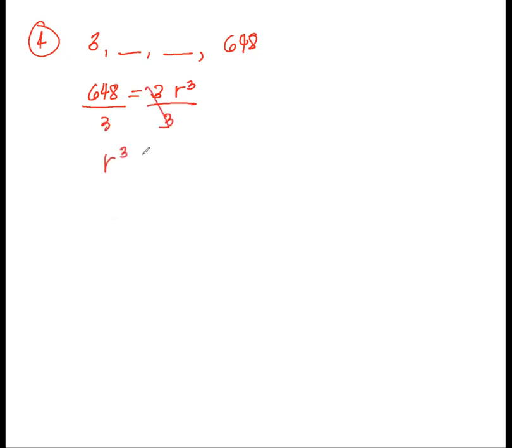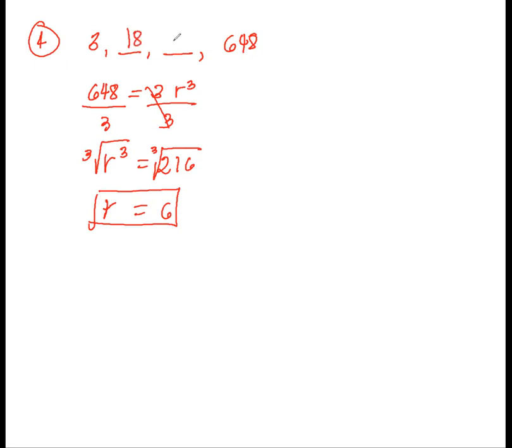So we have r cubed is equal to 216. So you get the cube root of 216 to be able to get the r. Cube root of 216. That's 6. So multiply natin sa 6 for us to get the next term.